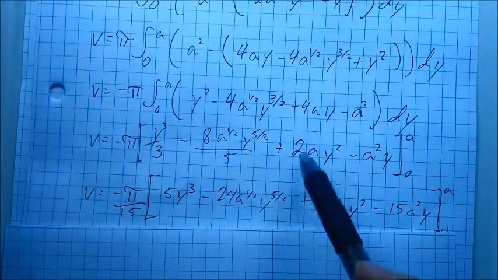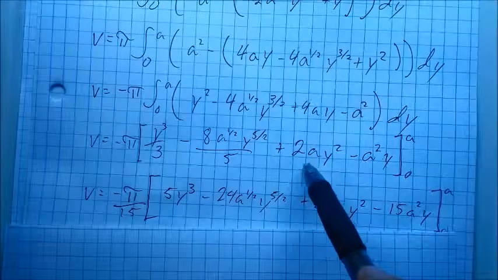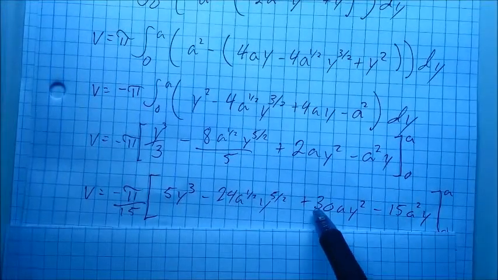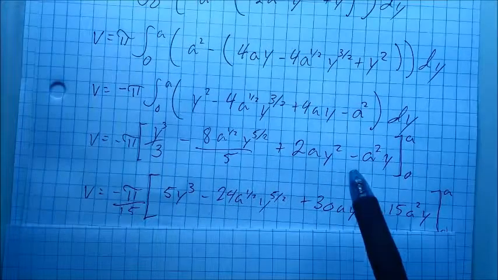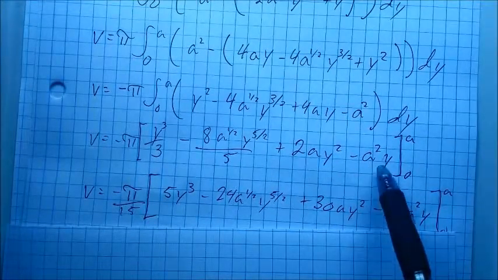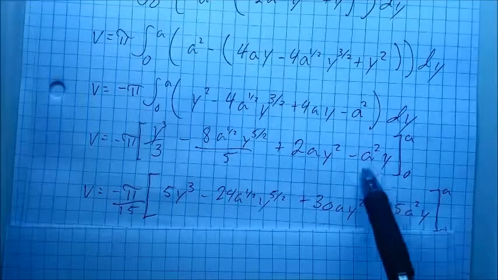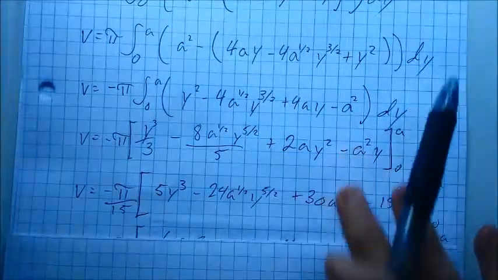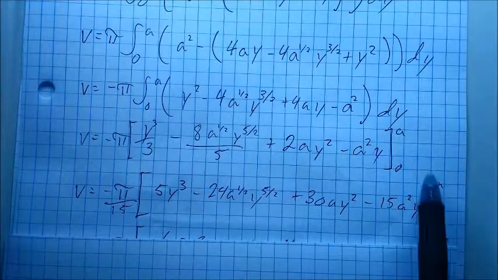And then plus, this has neither, so this needs times 5 times 3, which is times 15, times 2 is times 30. So it's plus 30ay squared. And then this also has neither, so it's times 5 times 3, which is just an entire 15, a squared y, evaluated at 0 and a.